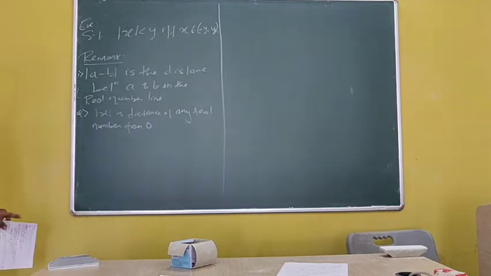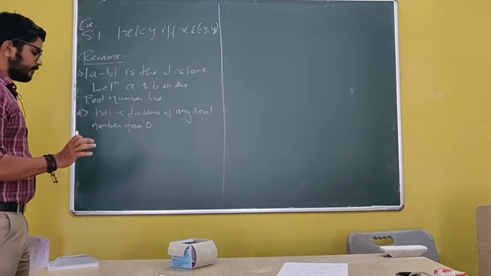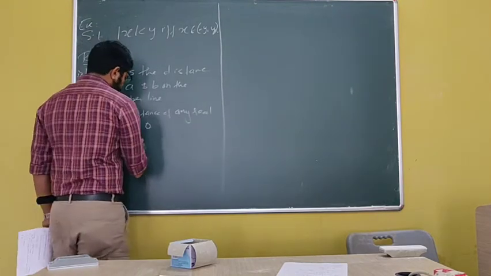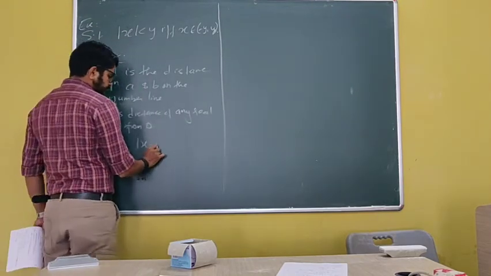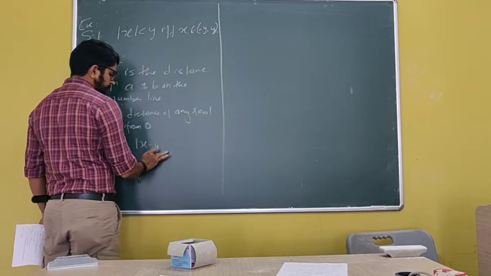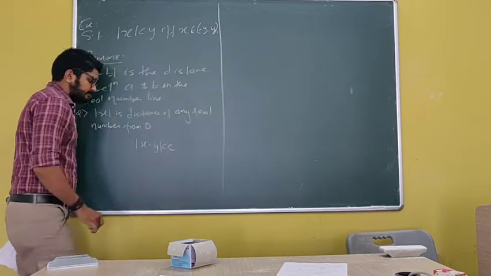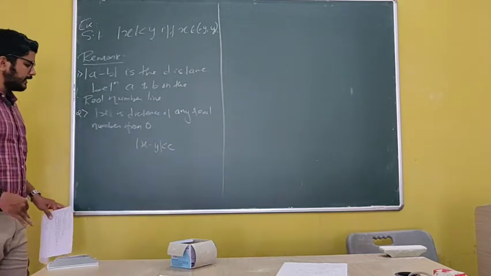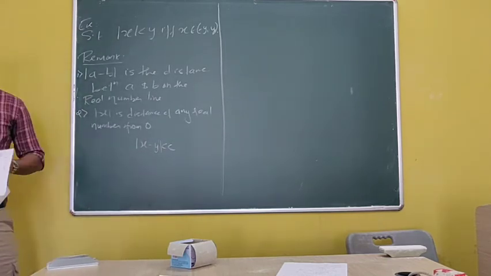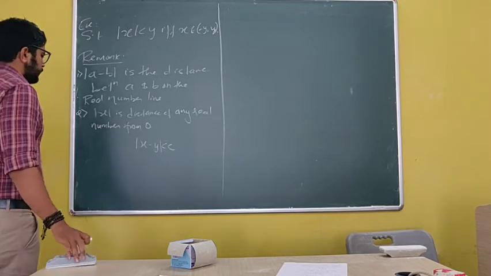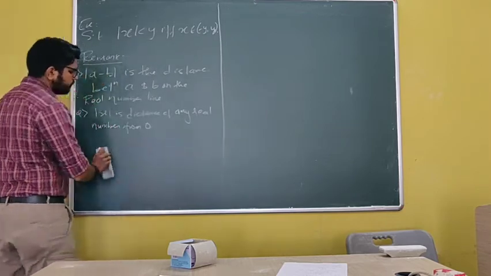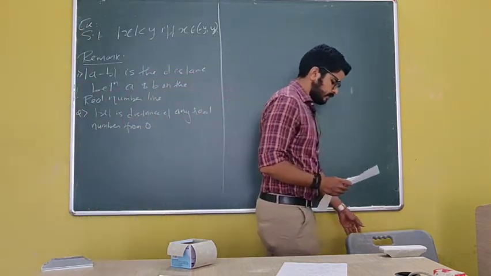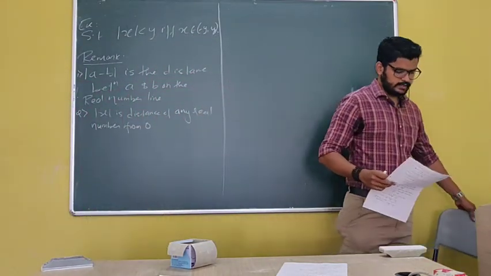So you need to take care of these two facts, that whenever you have modulus of something less than a given positive number, so when we say modulus of x minus y less than epsilon, you encounter this many times in your course in real analysis, it means that the distance between x and y is less than some positive number. So that's the idea I would like to look at.